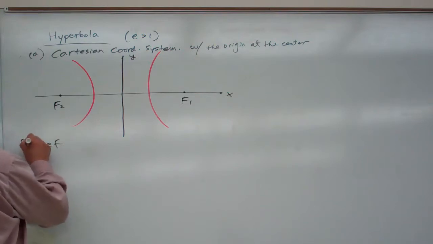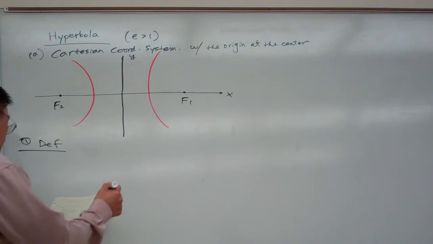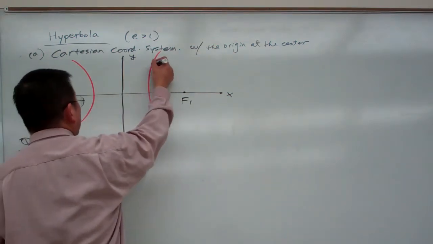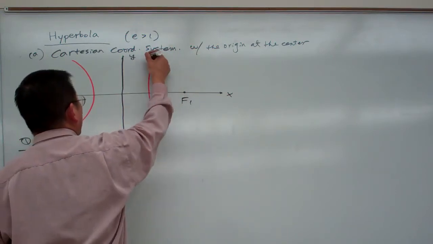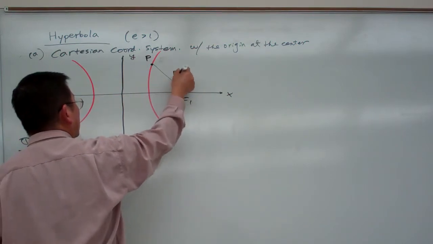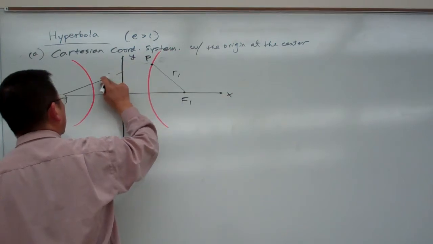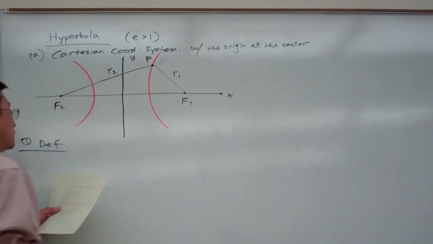So the first approach is the definition using the constant. Say here we have an object, let me call that a point P. So this is R1, measured from here, and this is R2, okay.